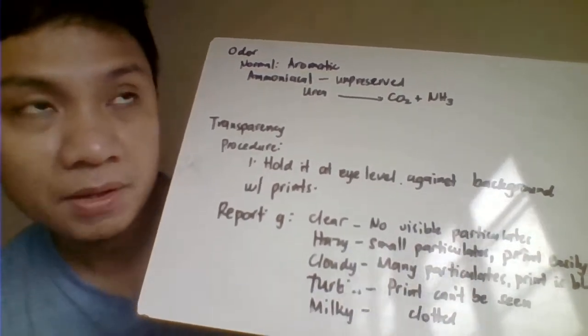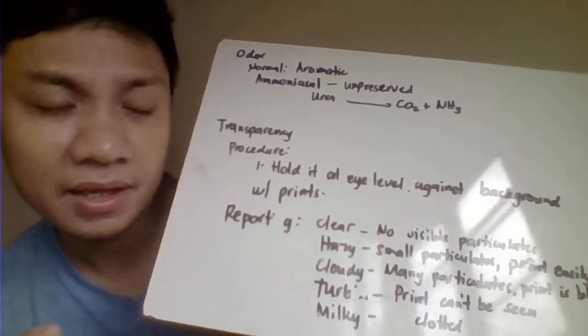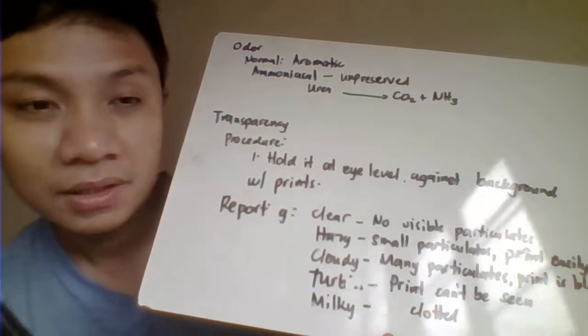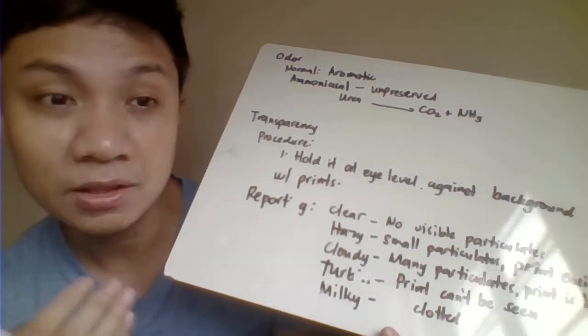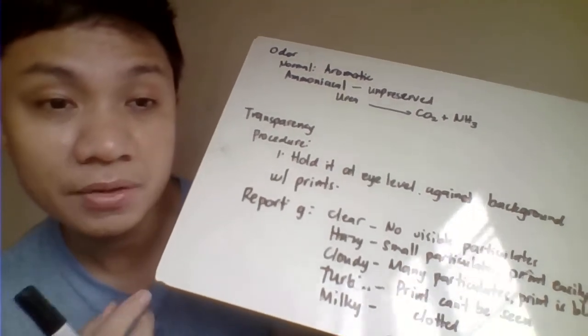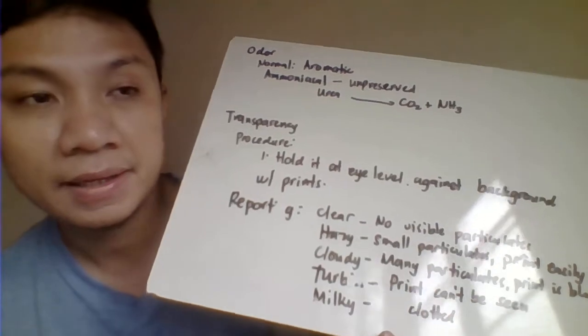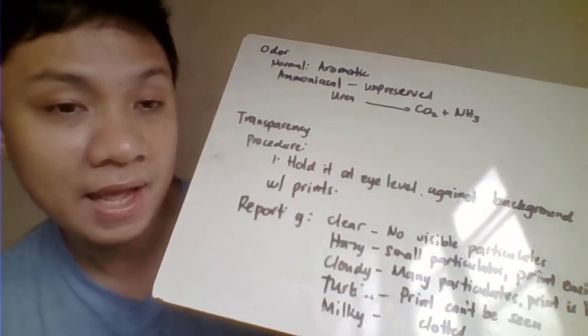What do I mean by that? If you receive a dark yellow specimen, it would not always be related to urinary tract infection or a concentrated urine sample. It might be related to medications, like the food intake of our patient.